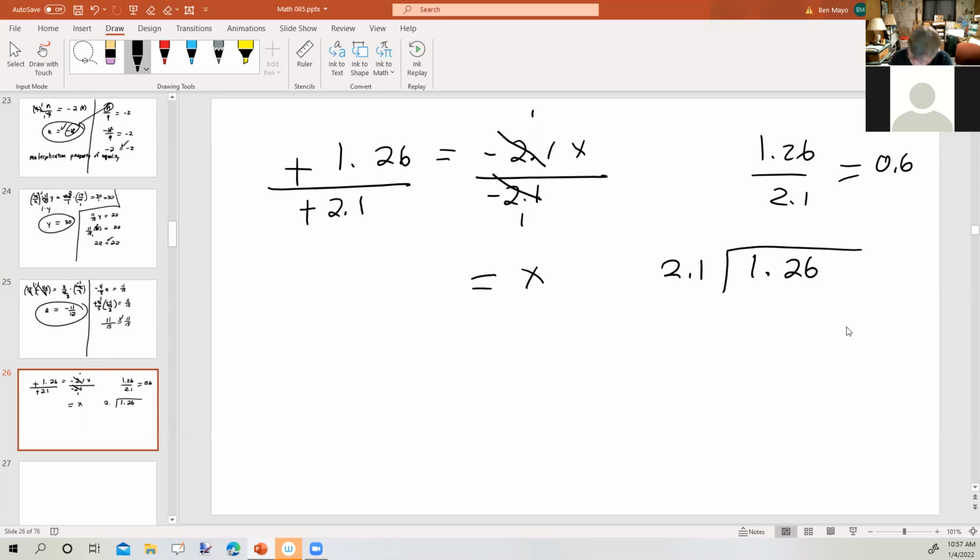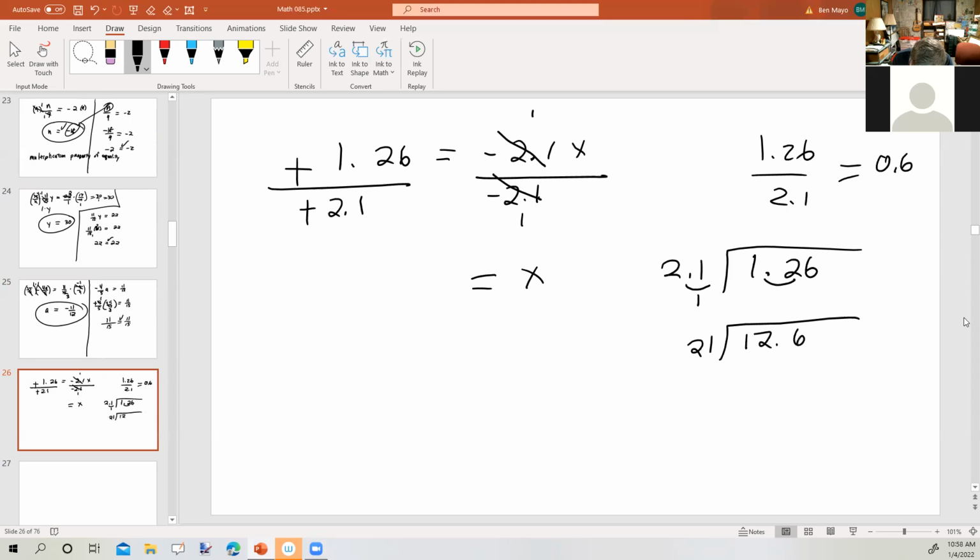1.26 divided by 2.1. Recall the dividend, the number on top, goes inside. The divisor, the number on the bottom, goes outside. But when you're using long division with decimals, you want a whole number outside. So you'd move the decimal point 1 place on the outside, consequently 1 place on the inside.